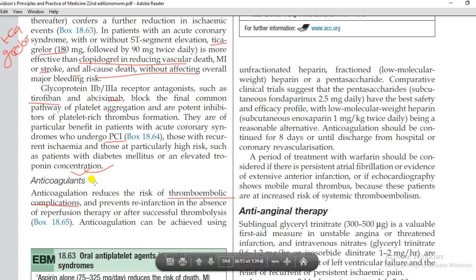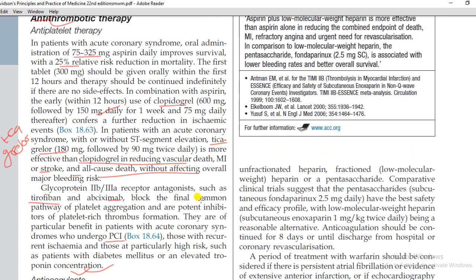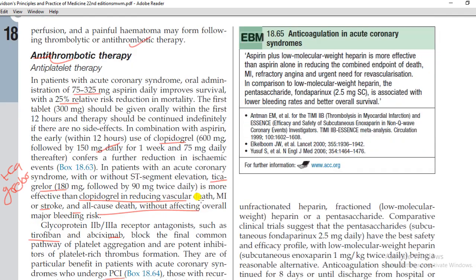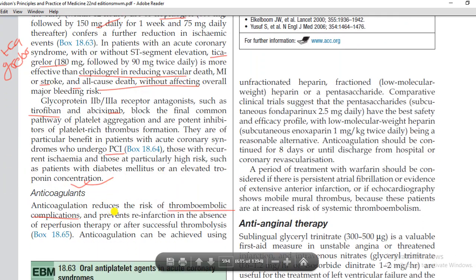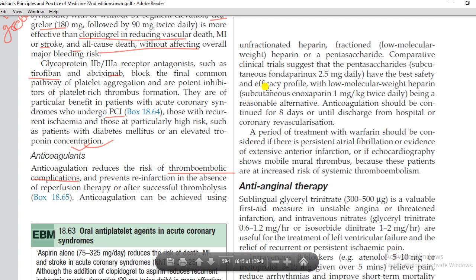So basically, anticoagulants act as buying time for reperfusion therapy, or after successful thrombolysis, anticoagulation can be achieved using unfractionated heparin.